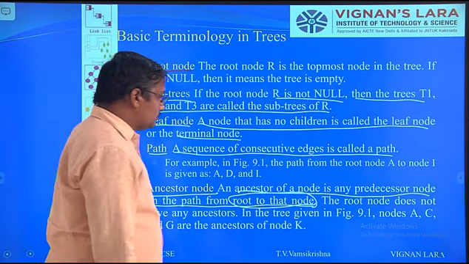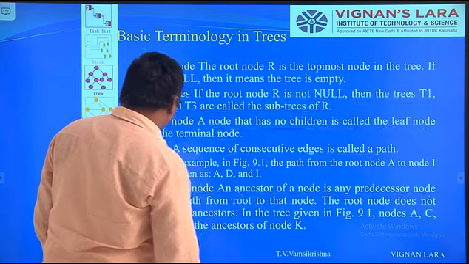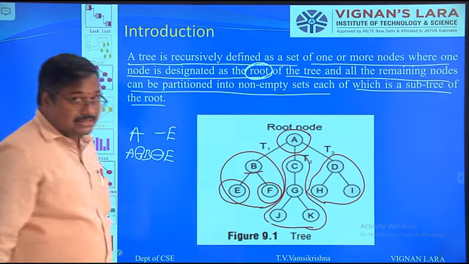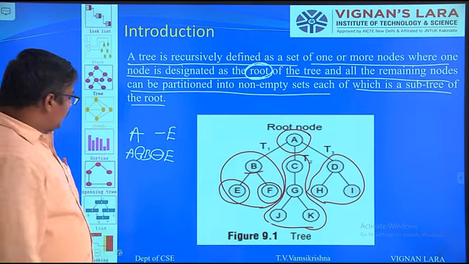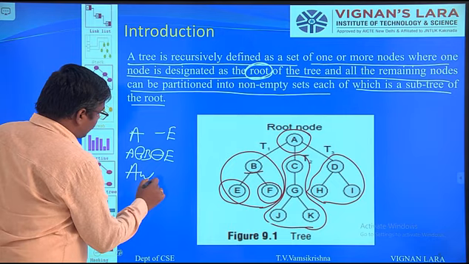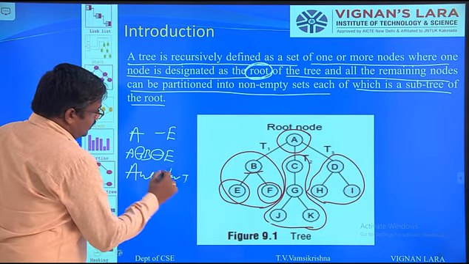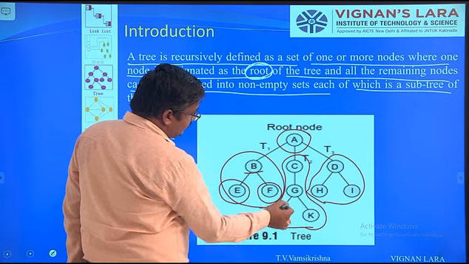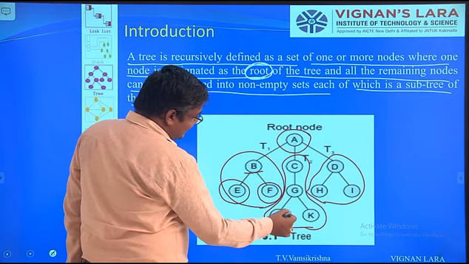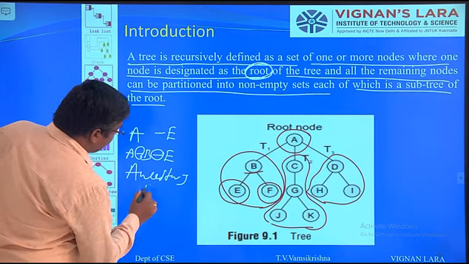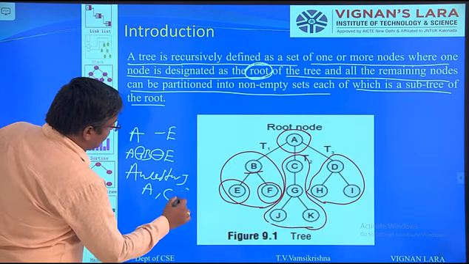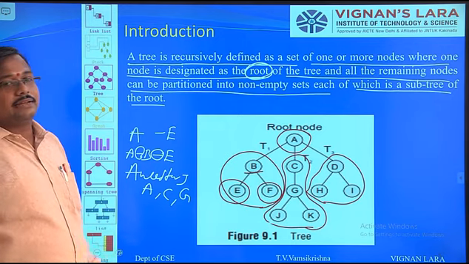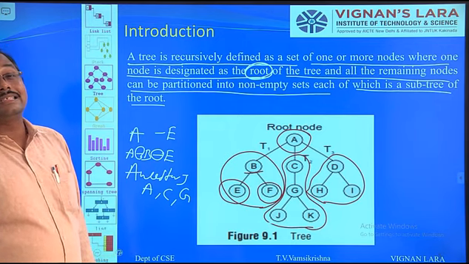For example, what are the ancestors of J? This is the path A to C, C to G, G to J. So the ancestors of J are A, C, G. These are the parents and grandparents of J. So those are called ancestors.